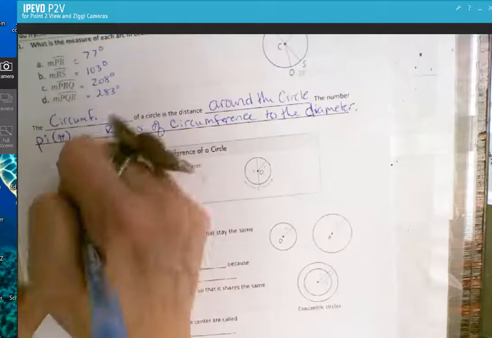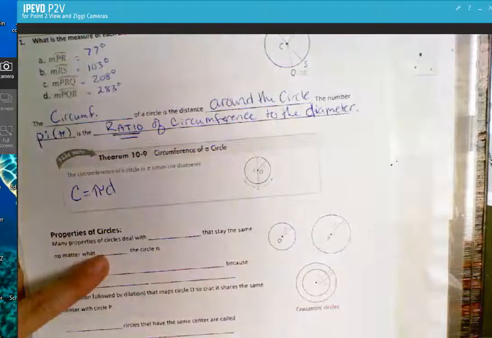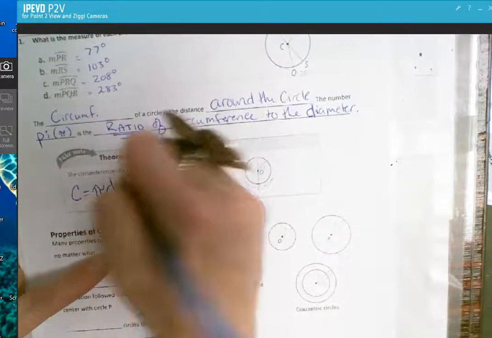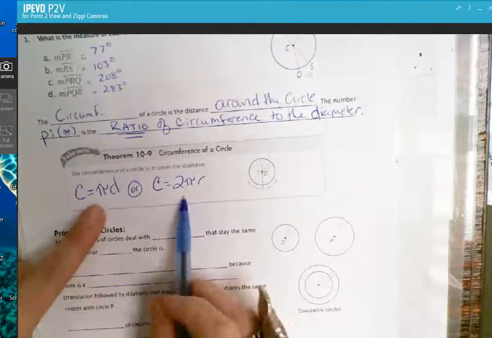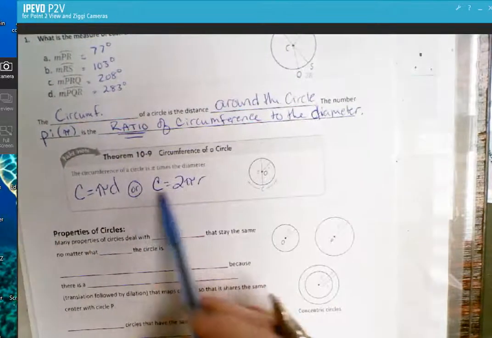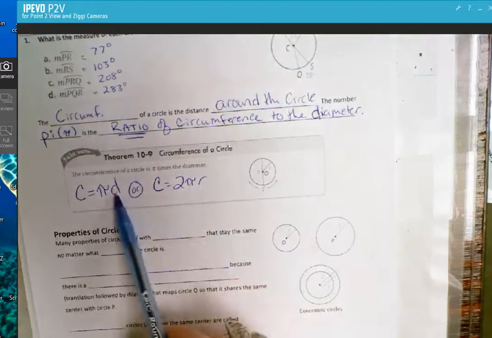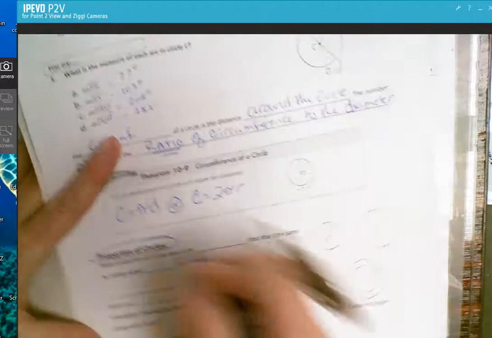The circumference, as we know already, is pi d, d being diameter, or if I have the radius, the circumference is 2 pi r. So either one of these is interchangeable. If I know the diameter, I can divide it by 2, or if I know the radius, I can double it and use the diameter formula. Either one works.